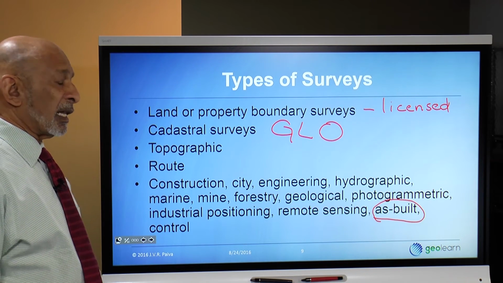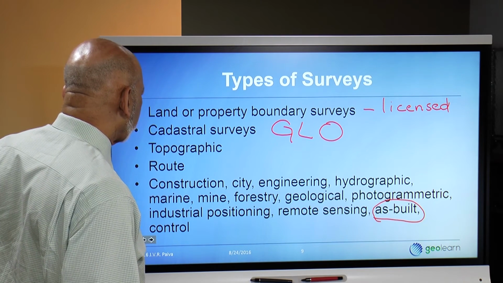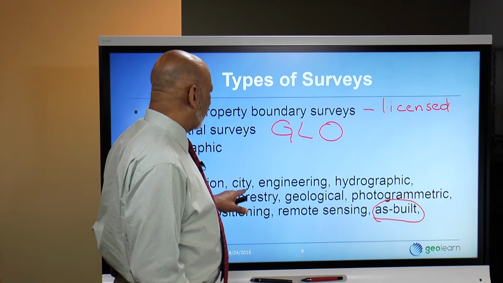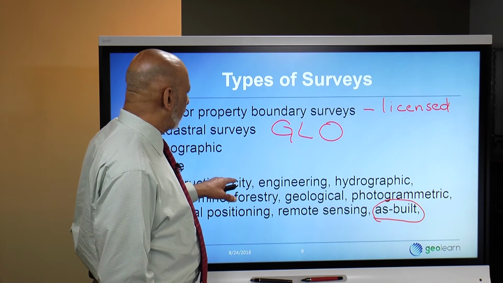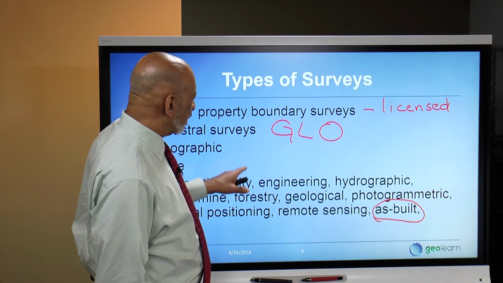Sometimes that's an accidental deviation, and sometimes it's an intentional deviation. But we have city surveys, which could be cadastral in nature, or they could be topographic in nature, and they could be a whole bunch of other things.